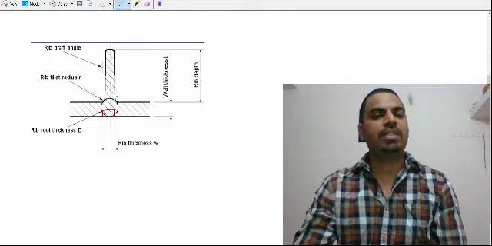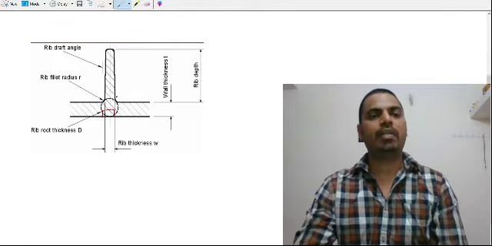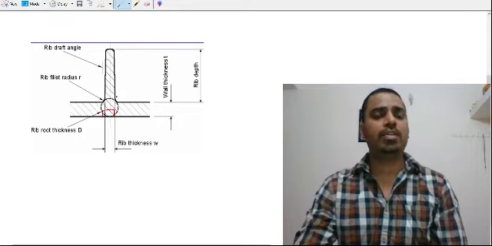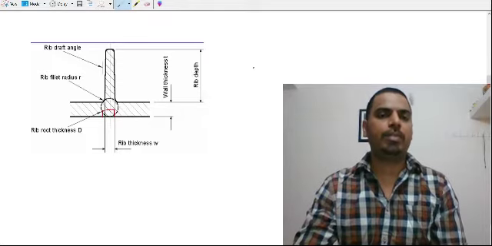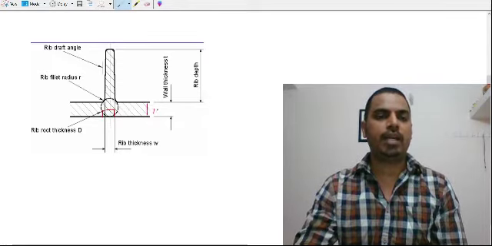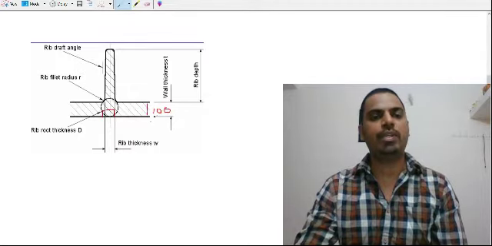So there is a standard procedure to provide the thickness of a rib. Let's understand this method by a simple example. Suppose I have the thickness of this wall as 100 mm. For simplified calculation I am using this value.